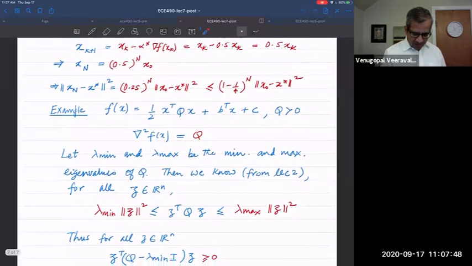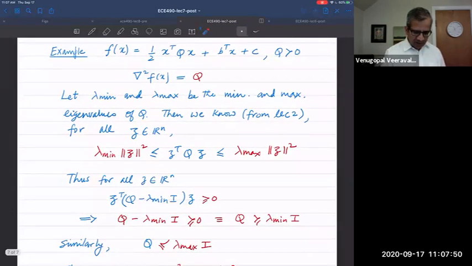And then we looked at a special case of a more general quadratic. In that case, of course, the Hessian is just this matrix Q, and so from the upper and lower bounds on Z transpose QZ, lambda min corresponds to the little m, the strong convexity parameter, and lambda max corresponds to the Lipschitz parameter.